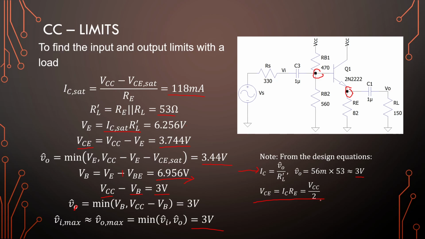And always try to keep your VCE and ICRE or IERE as VCC over 2 so that everything is nice in the middle. Okay, so this can go closer to 5 volts in a real world problem.